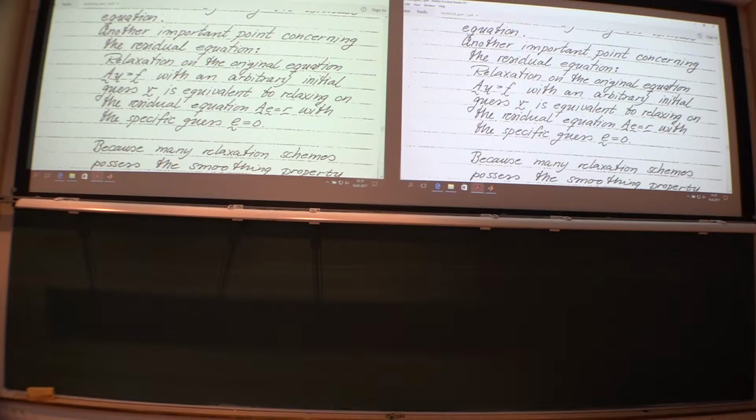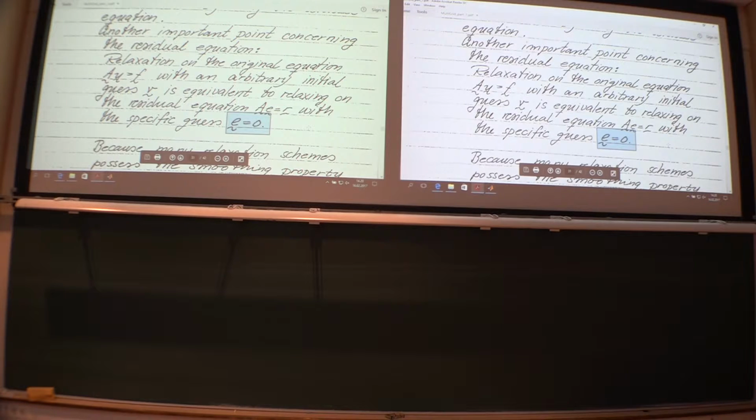So that is our task. And here again, the reason why we use the residual equation, we have the possibility to choose an initial solution.